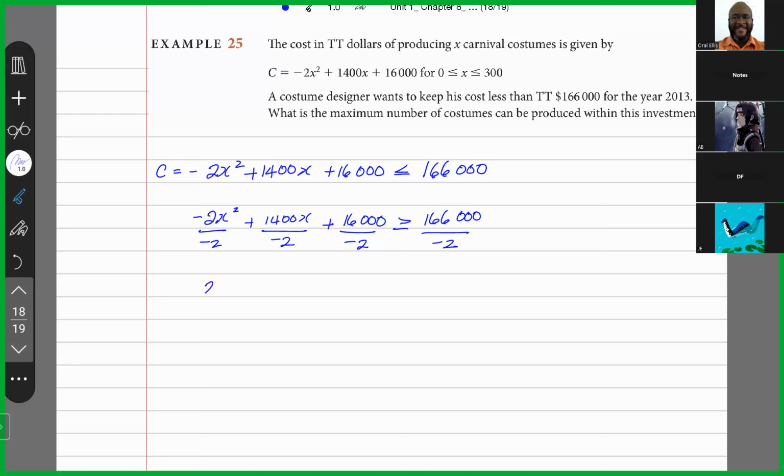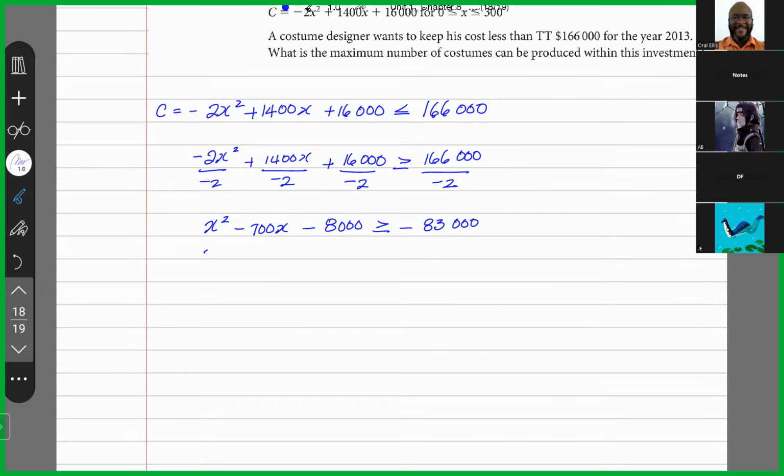So now we have x squared minus 700x minus 8,000 is greater than or equal to minus 83,000.